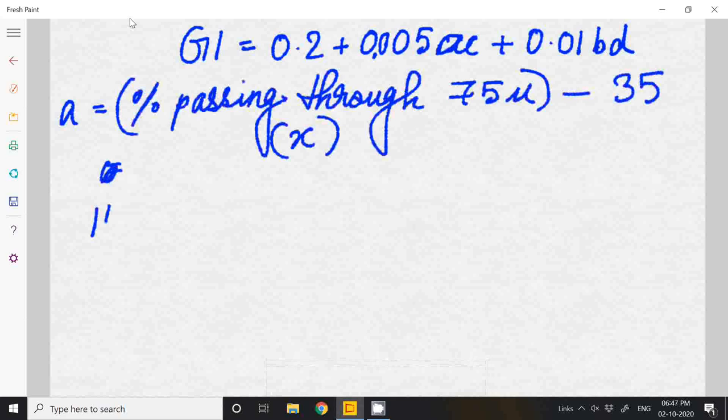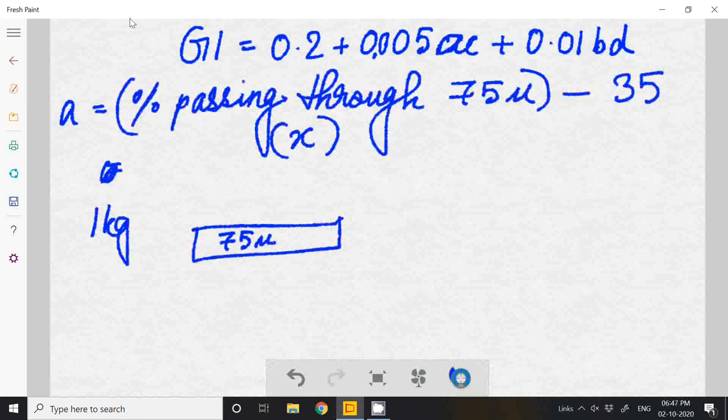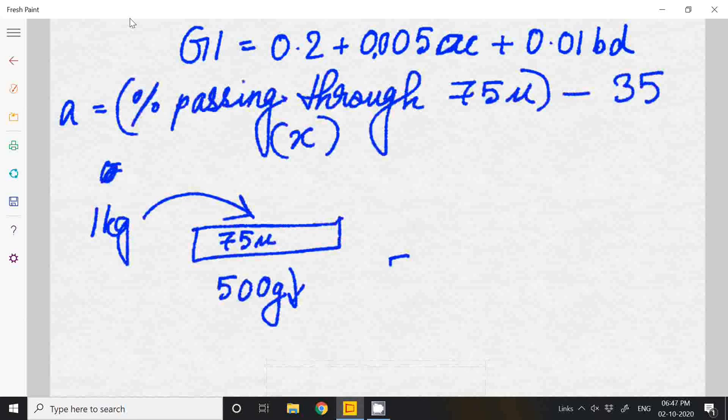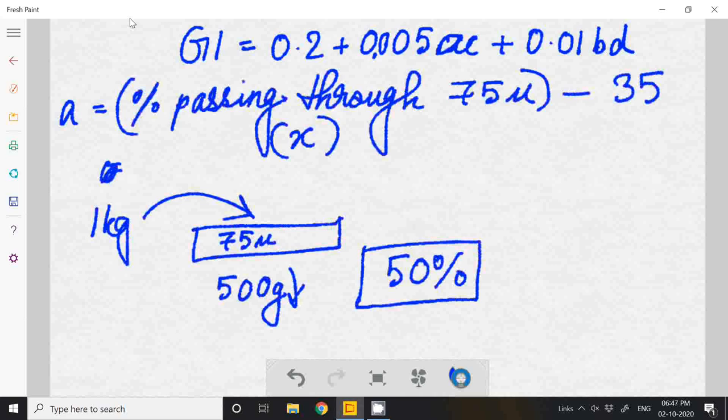If we take 1 kg of soil and a 75 micron sieve, and suppose 500 gram passes, that means 50% is passing the 75 micron sieve.